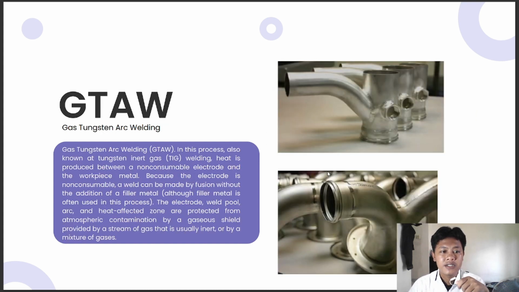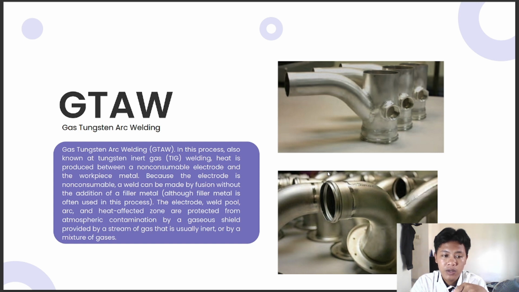GTAW, or gas tungsten arc welding. This is also known as tungsten inert gas or TIG welding. Heat is produced between a non-consumable electrode and the workpiece metal. Because the electrode is non-consumable, a weld can be made by fusion without the addition of a filler metal, although filler metal is often used in this process.